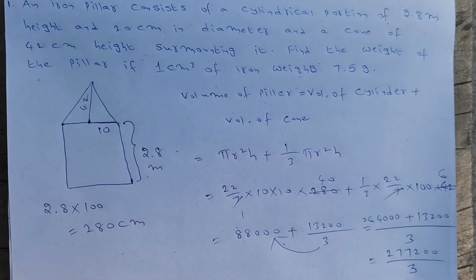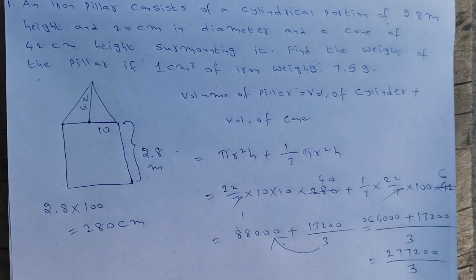Here we are finding volume and all the measurements are in centimeters, so this will become centimeter cube. If you find out the final value, 277,200 divided by 3 is nothing but 92,400.